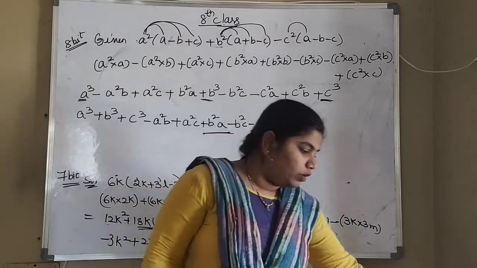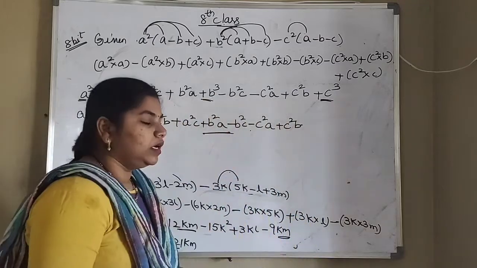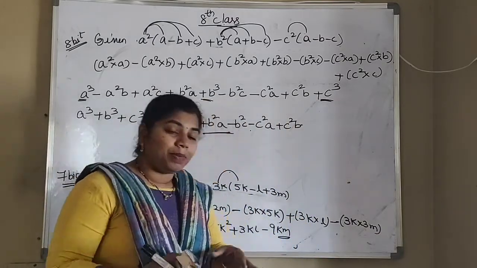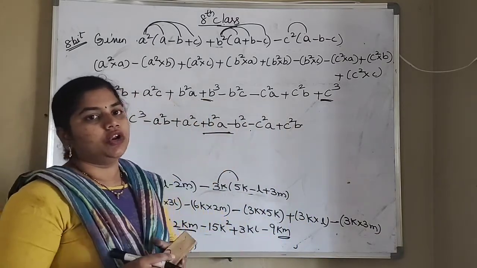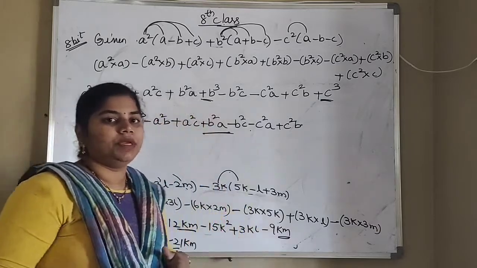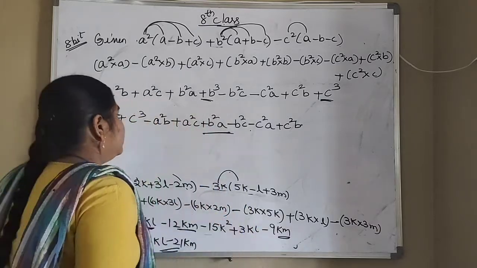We are starting our new exercise, that is 11.3. In this we will multiply binomial with binomial. Already I told you how to multiply binomial with binomial. We will see here.